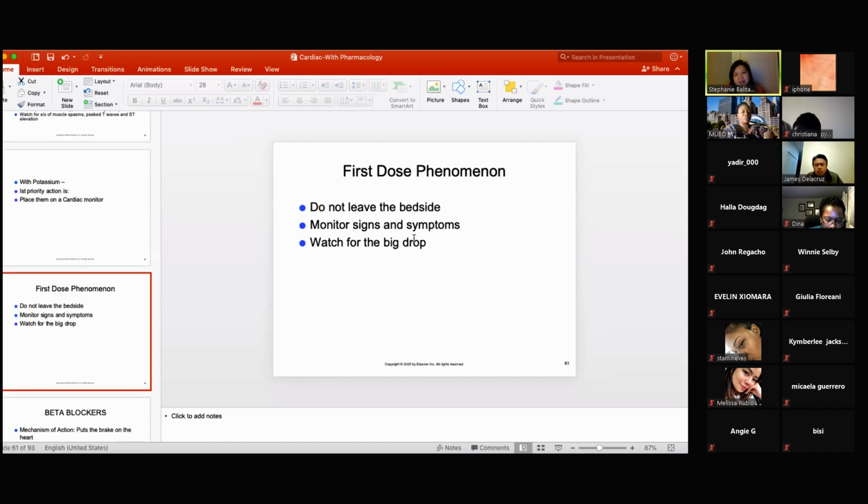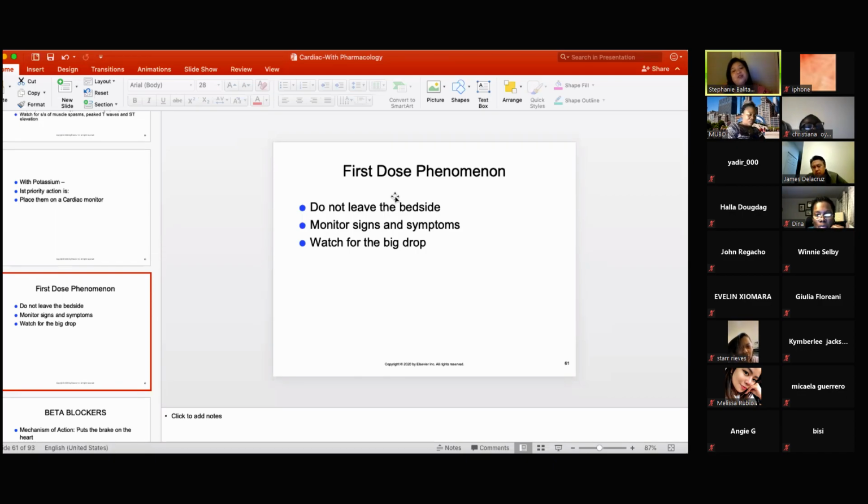What they're trying to tell you is if you're giving the patient a first dose, never leave the bedside. You have to monitor for signs and symptoms of orthostatic hypotension, because you're giving an antihypertensive.